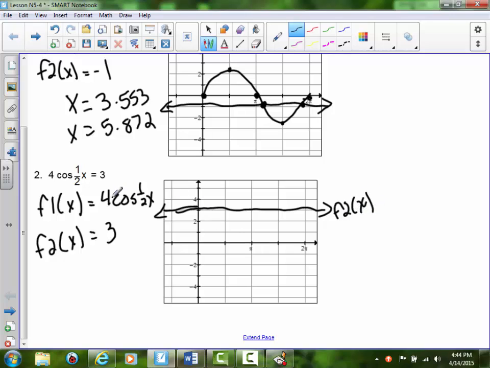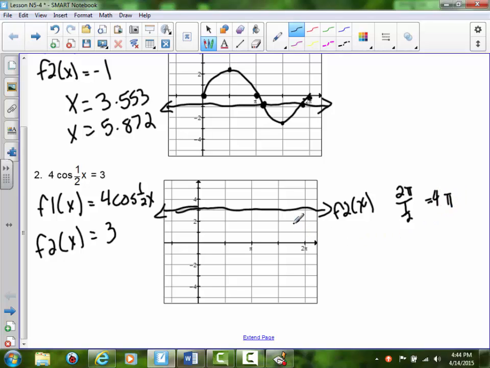For cosine, this is not shifted left or right. We don't have an h or a k, but we do have a period change and an amplitude change. Remember that the period would be 2 pi divided by 1/2, so that's going to be a period of 4 pi.